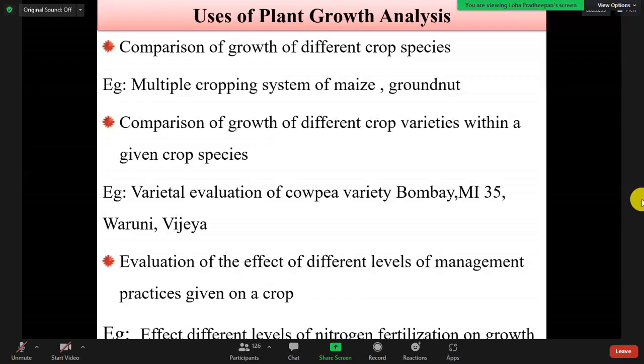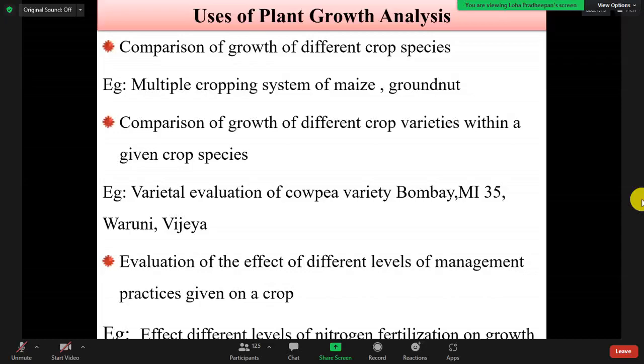So varietal evaluation of cowpea varieties, Bombay, Baruni, Vijaya, Davala, different varieties we have. Even in paddy, we have different varieties with different ages: PG 300, PG 350, PG 352, PG 400-1, 406, like that.